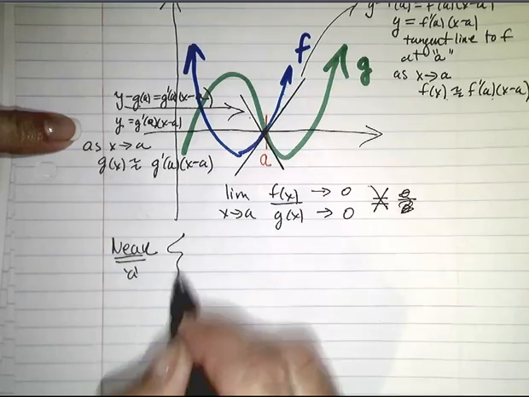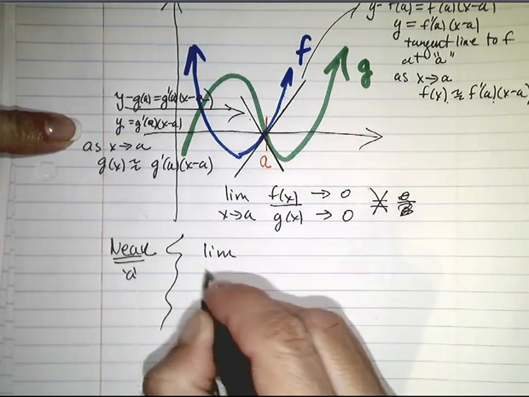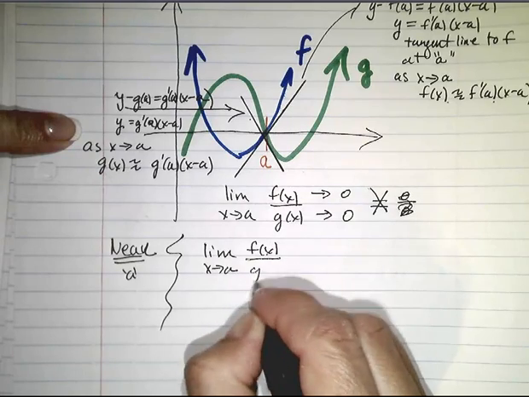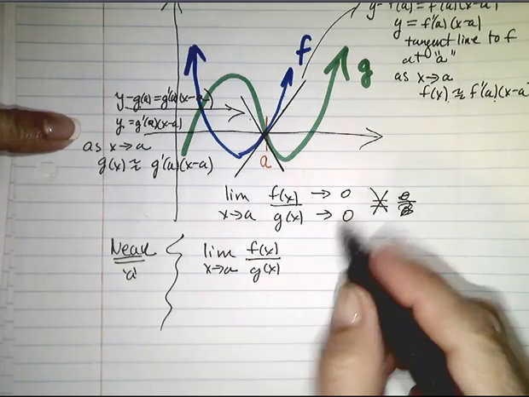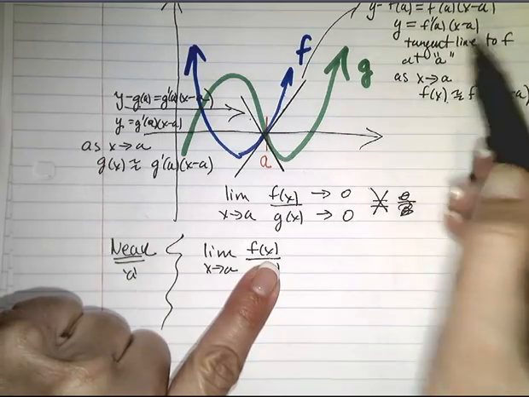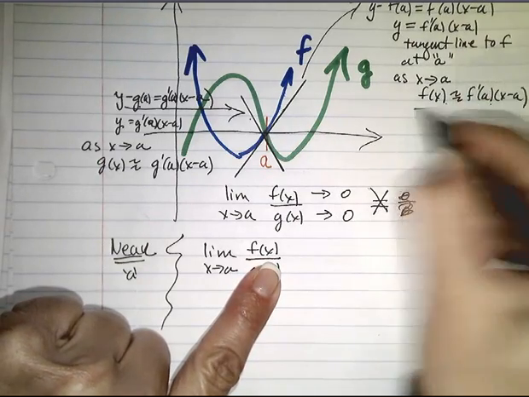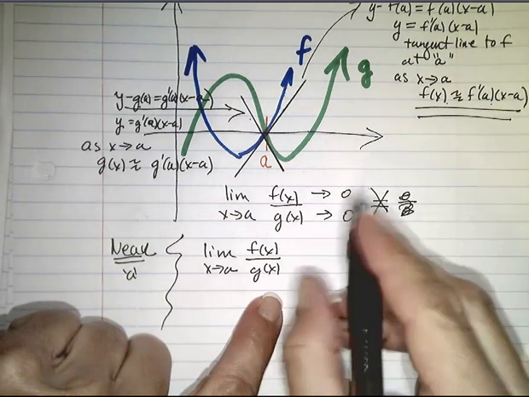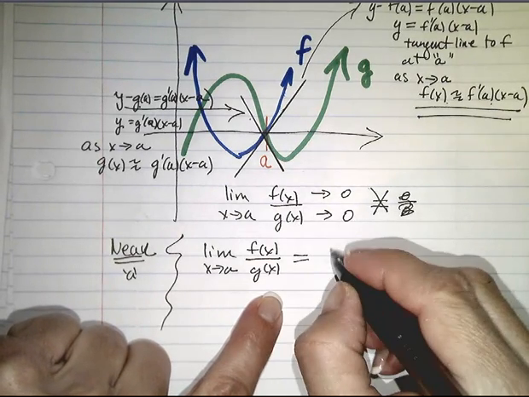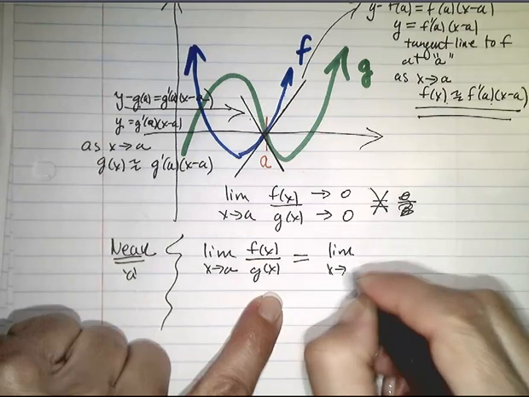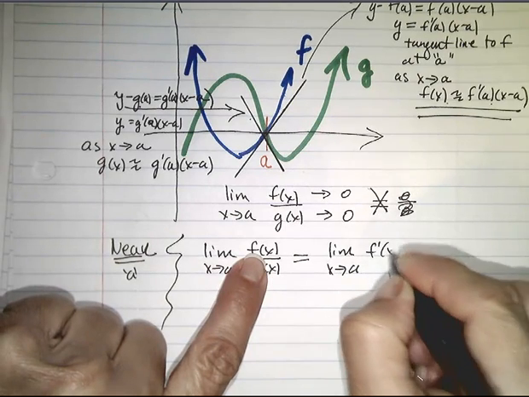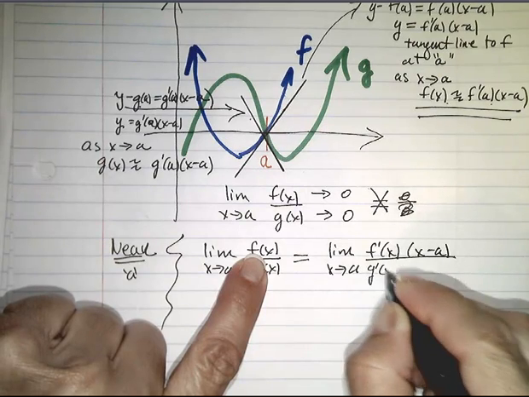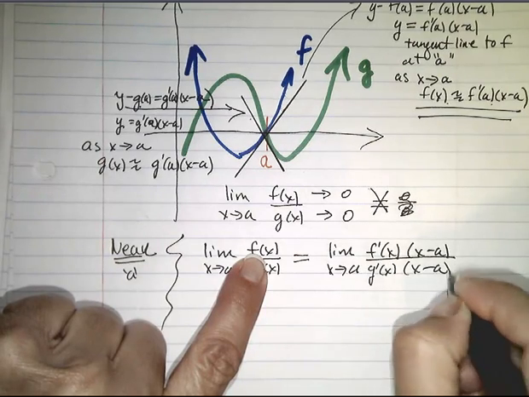So if we are looking for the limit as x goes to a of f of x over g of x, and we're saying that f is about this line right here as x goes towards a, we could say that this is equal to the limit as x goes to a of f prime of a times x minus a over g prime of a times x minus a.